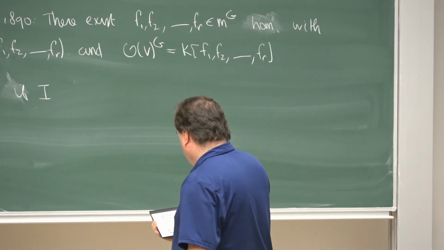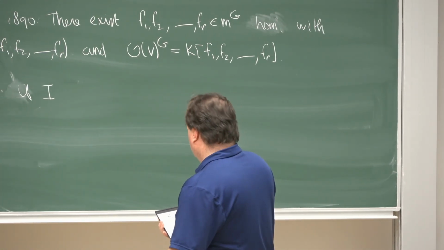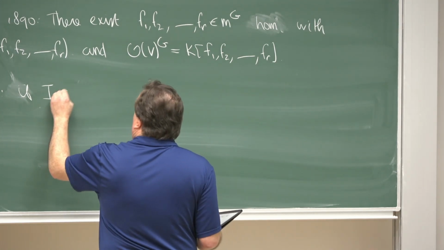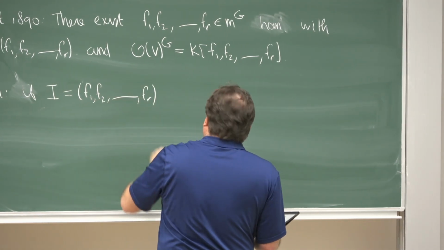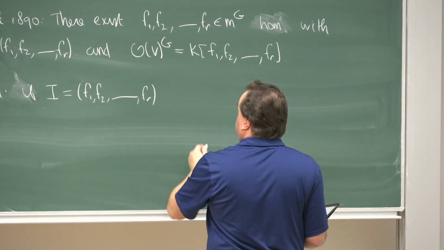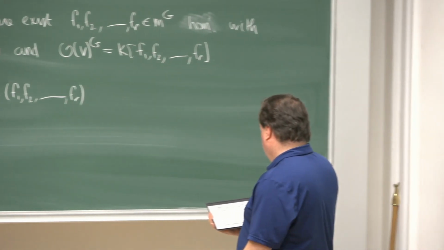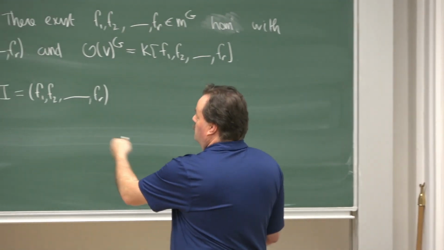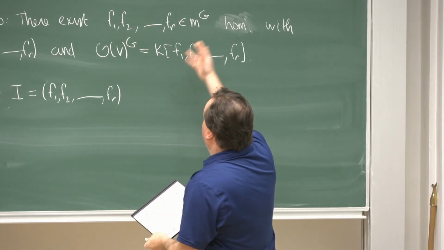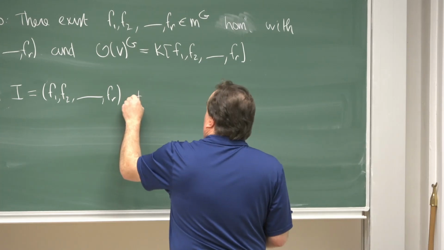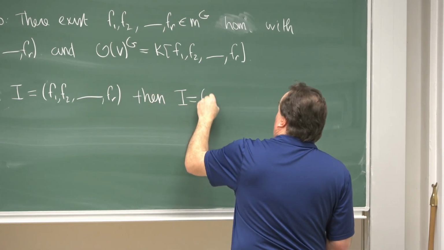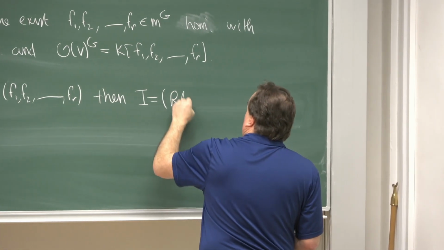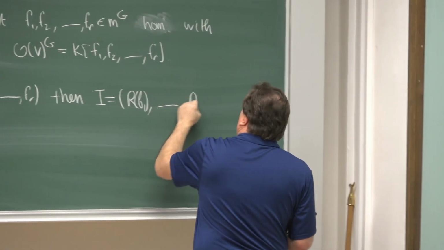But we can make this proof more constructive as follows. If I is generated by some elements F_i, let's say these F_i are homogeneous, but I no longer require them to be invariant, well then one can show that I is also generated by the R(F_i), if you just apply the Reynolds operator.